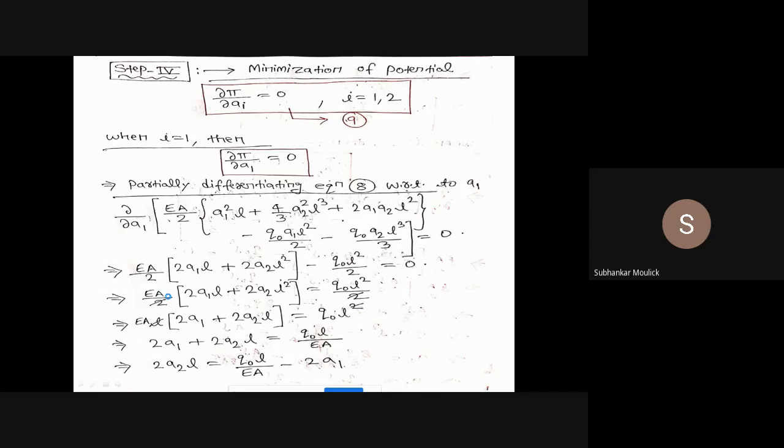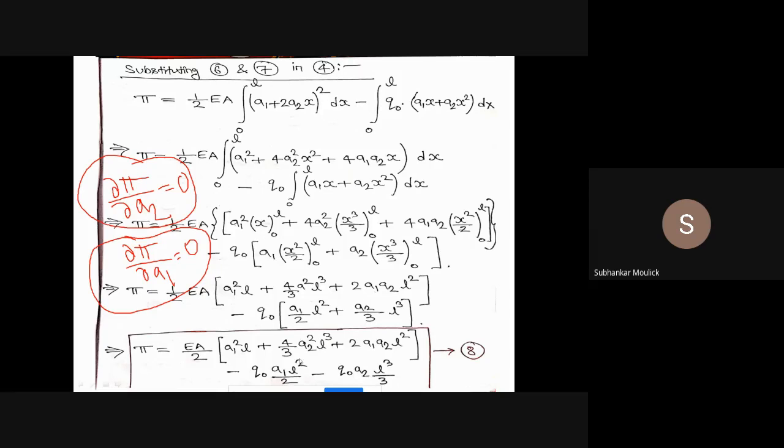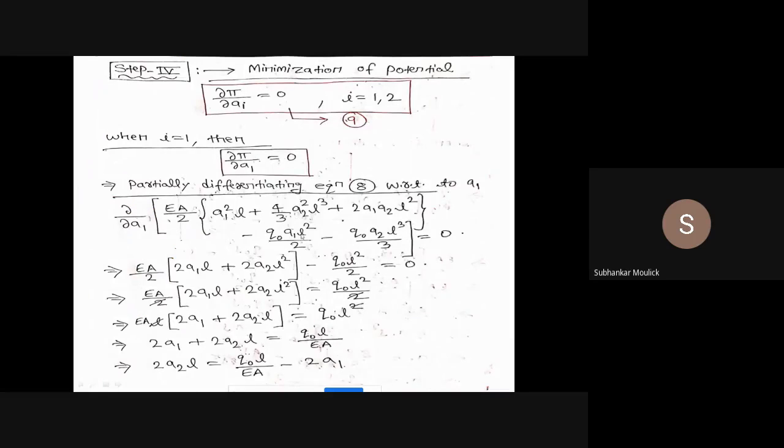Del by del a1 of this expression equal to 0. So I can take EA by 2 common: del by del A1 of A1 square L, so it will be 2A1L, plus del by del A1 of 4 by 3 A2 square L cube.